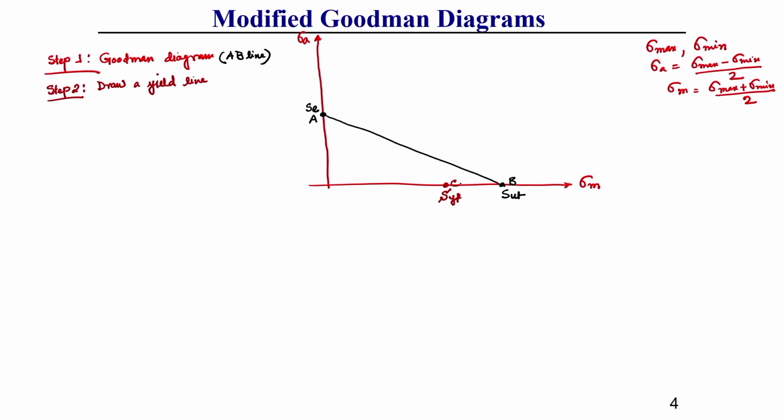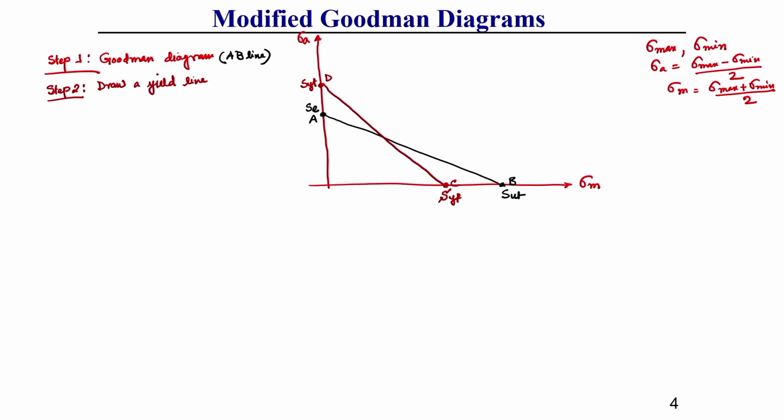By considering the same magnitude S y t, that yield stress value, I need to take another point in coordinate. Let us consider this point represents D point, here the magnitude is also S y t. After that, we draw a straight line by joining DC.